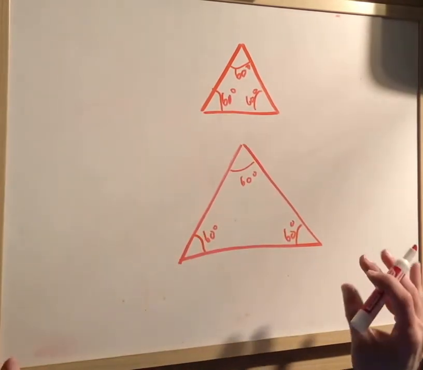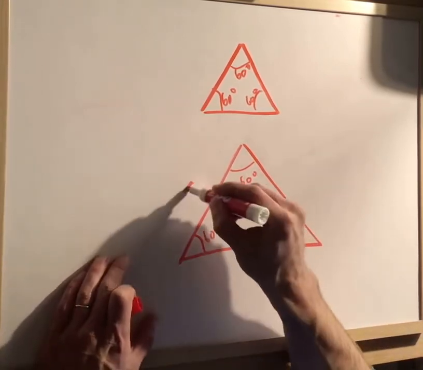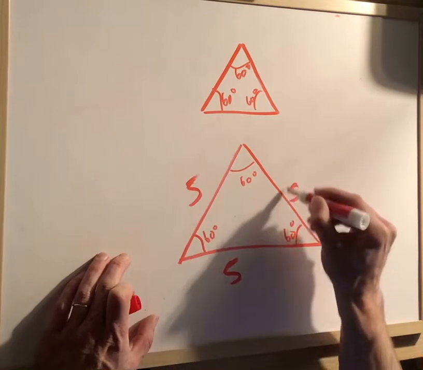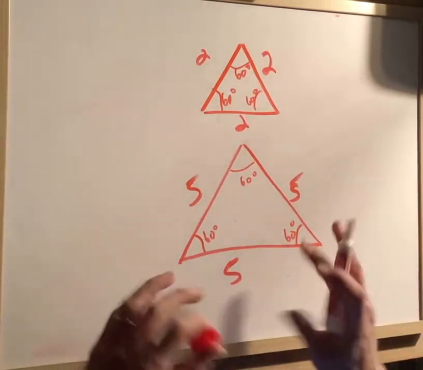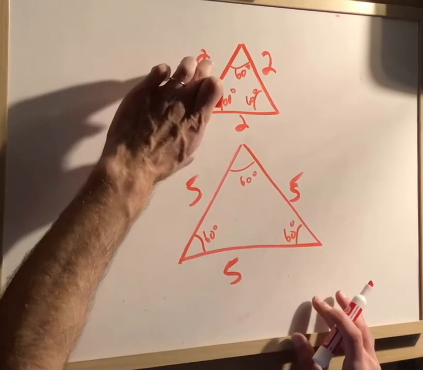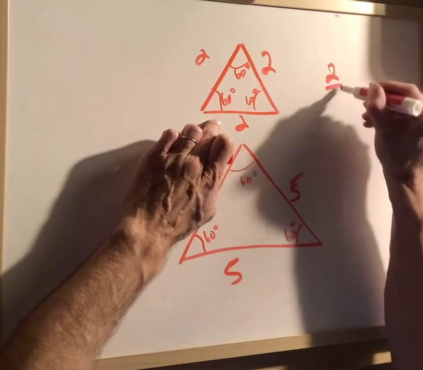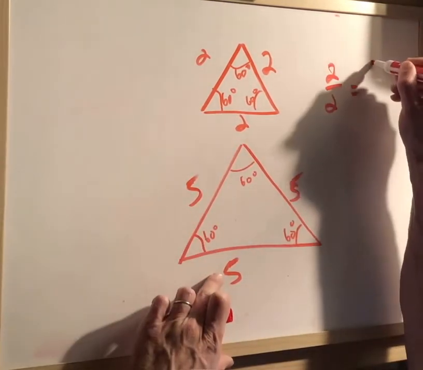And the main thing to remember about similar triangles is sides are proportional. Let's say this is 5, 5, 5, and this is 2, 2, 2. This is a really simple explanation, but you could take two sides, let's say the left side and the bottom side, 2 over 2, and set that equal to the left side and the bottom side of the big one.